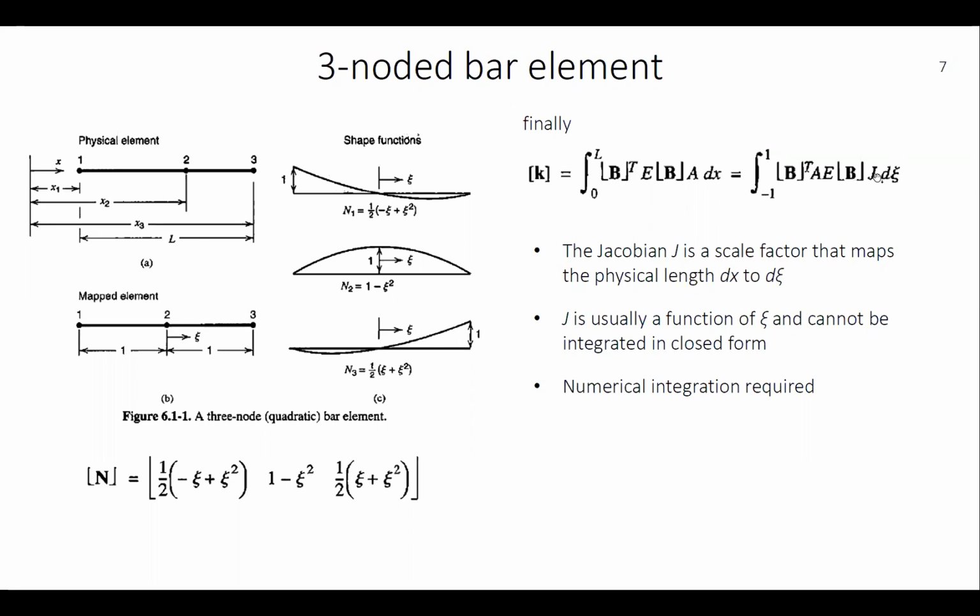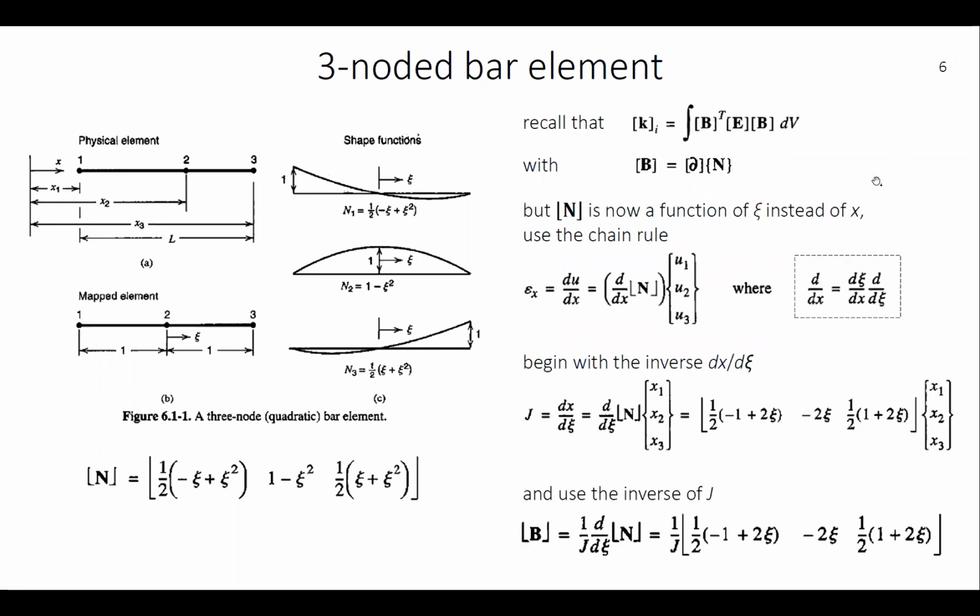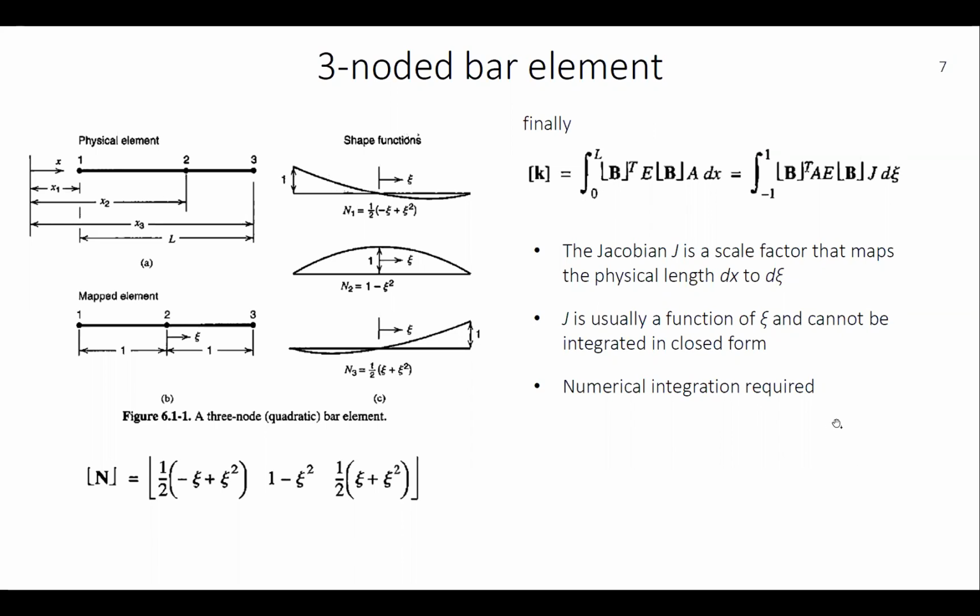And you can break out the Jacobian here. If you go back here, the B matrix is described like this. Physically or practically speaking, the Jacobian can be seen as a scale factor that maps the physical domain here to our mapped domain over here. And the Jacobian is usually a function of xi, and it cannot be integrated directly in closed form.